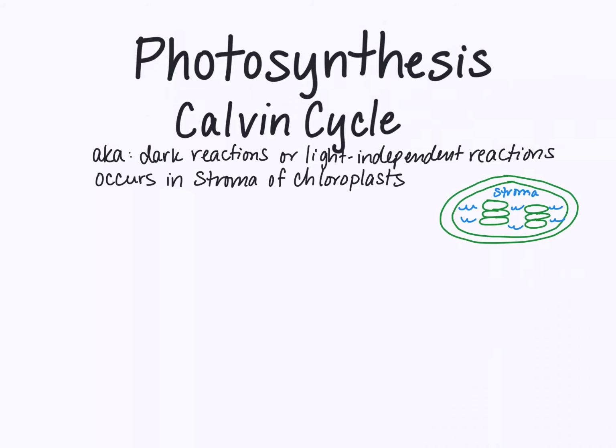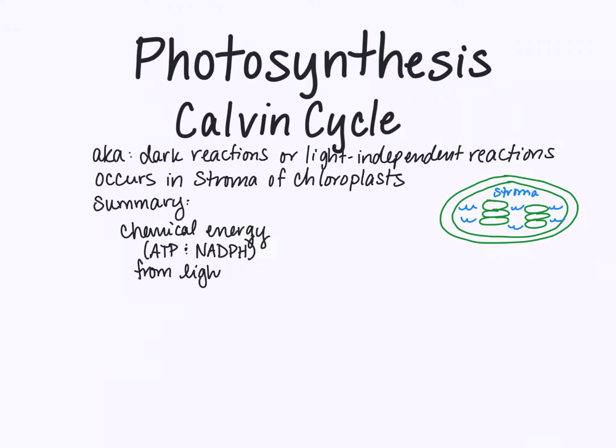So let's start by summarizing the Calvin cycle. So what happens in the Calvin cycle is that chemical energy in the form of ATP and NADPH, which were produced during the light reactions, gets converted to another kind of chemical energy, this time stored in the chemical bonds of carbohydrates.